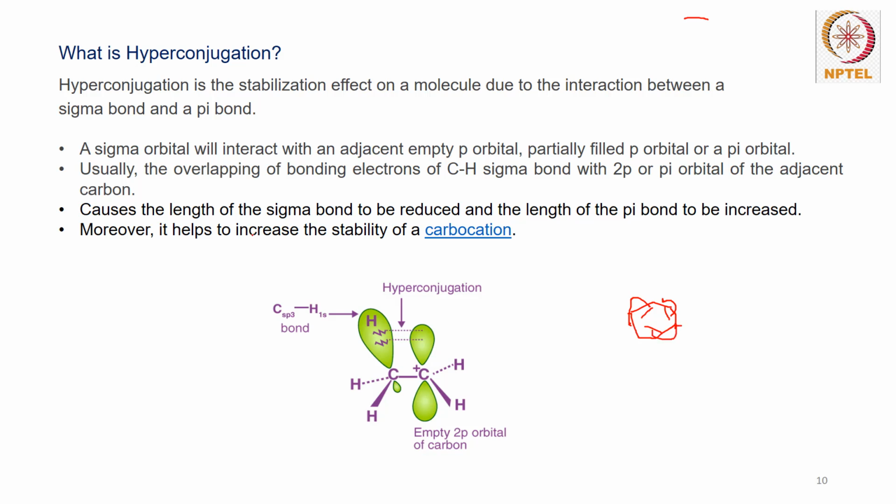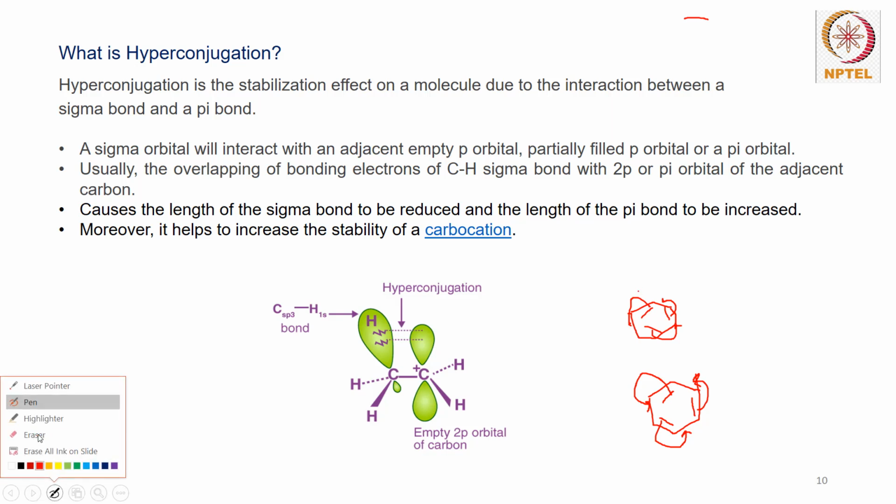But in case of hyperconjugation, a sigma bond can also get involved in this conjugation.